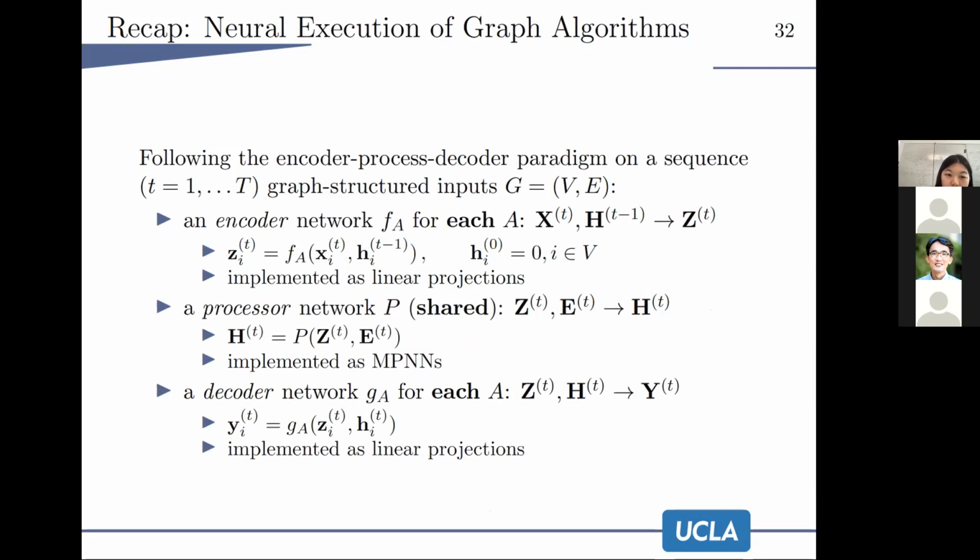The structure is pretty similar to before, but there are some differences. Previously, from x and h we have z, and from z and e we have h, and z and h give y. The three components, encoder, processor, decoder, do this.